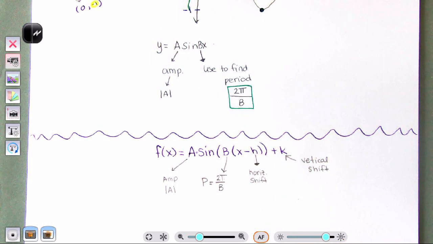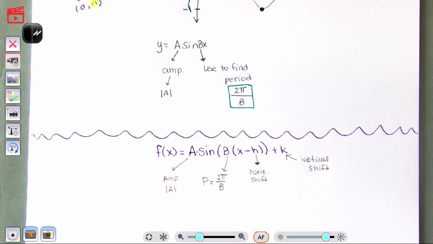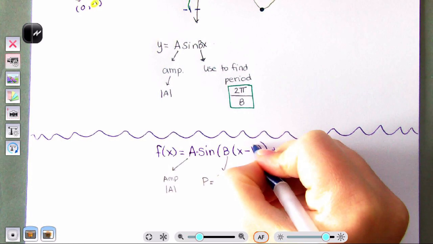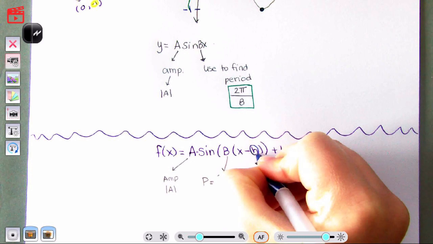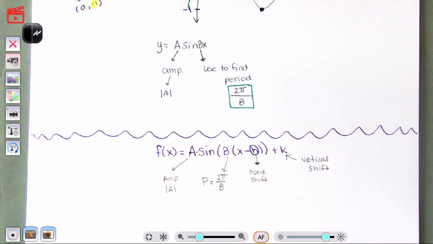So H is your horizontal shift. And then just to recall, for H, it is only this right here. So always think of, if you see a negative number, think opposite. So if you see a -5, it is a +5. If you see a +5, think opposite. It's going to be a negative. It also goes in the opposite direction. So if you see a negative, you're not going left, you're actually going right. And if you have a positive, you're not going to the right, you're going to the left.